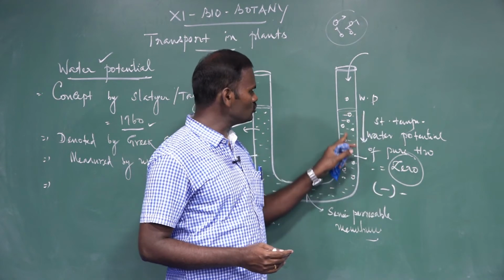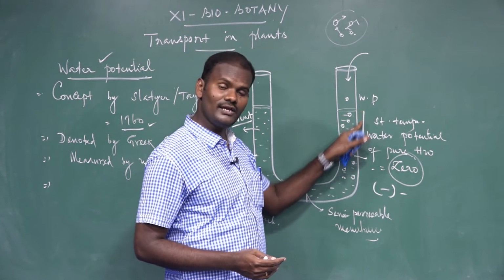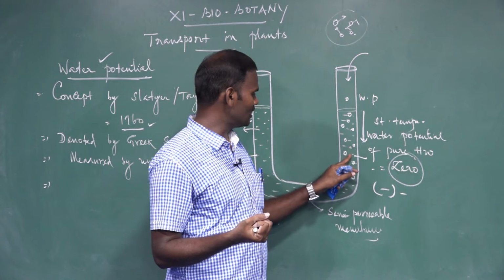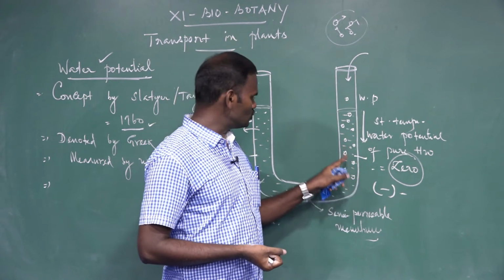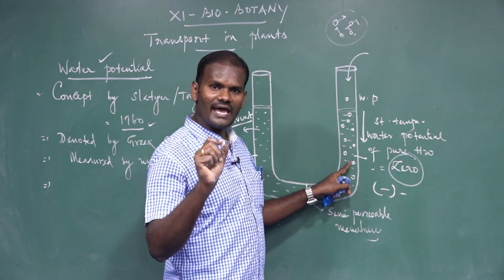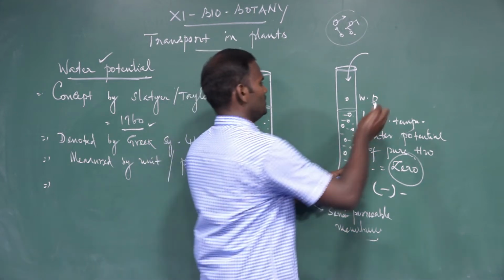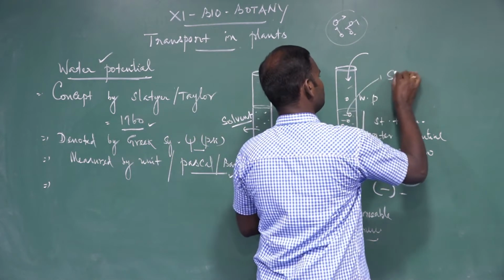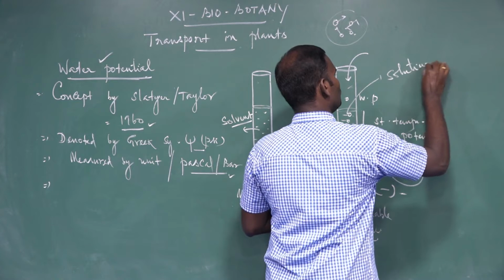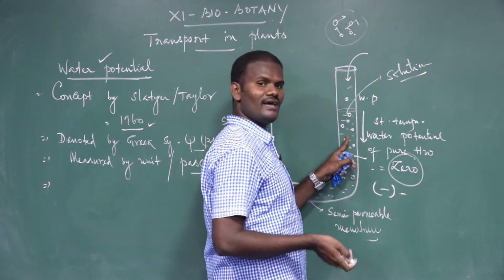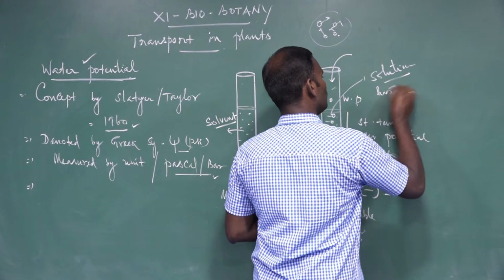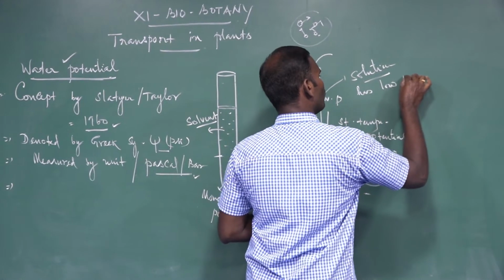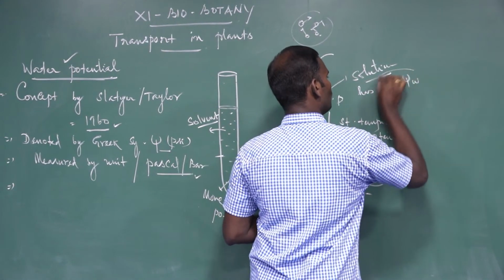If you add any solute particle, it reduces the free energy of water molecules and automatically decreases the water potential. A solution is composed of solvent along with solute particles, so a solution always has low water potential.